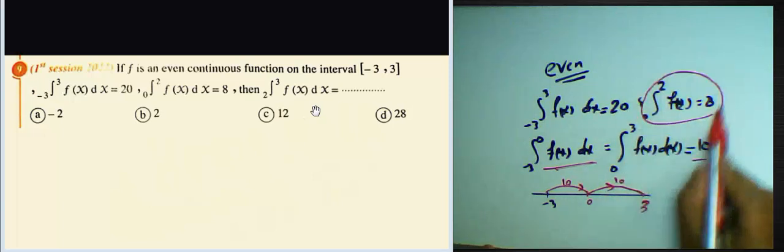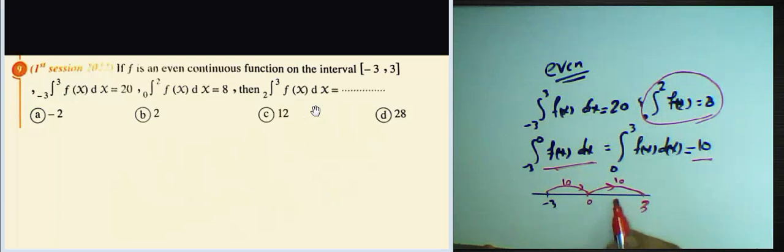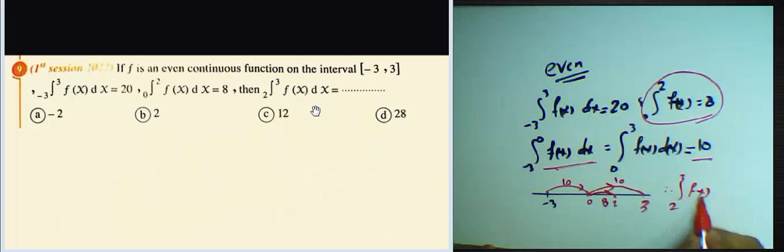Okay, and he gives us this information: from 0 to 2 it was 8. We want to find the integral from 2 to 3 of the function. It will be 10 minus 8 equals 2.